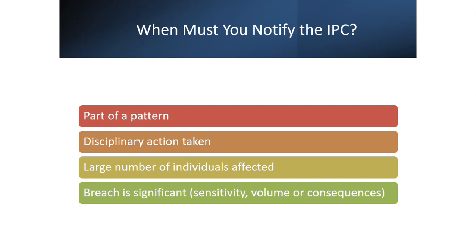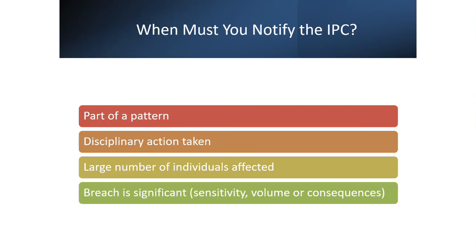But the IPC wants to know if over the course of a 6-month period, this happens once a week, or once every 2 weeks. If you're seeing a pattern that this is a repeating thing, then they need to know about that, right? And they need to know what your action plan is. So if this is continuing to happen, you need to train your users not to do that, right?